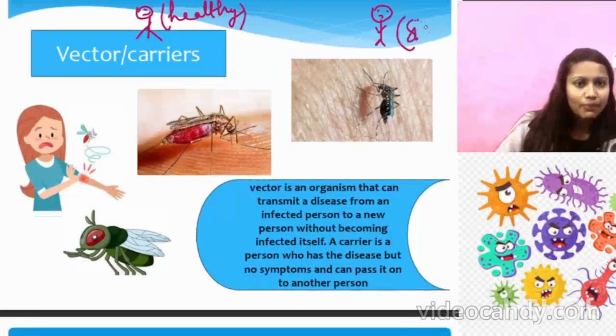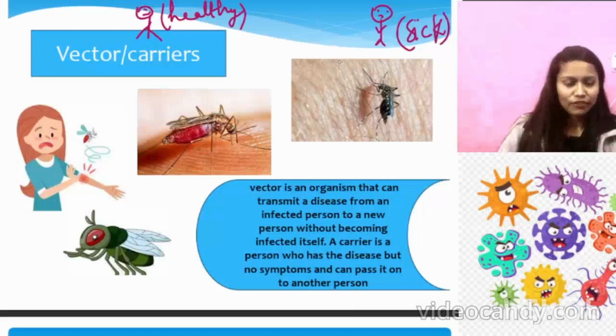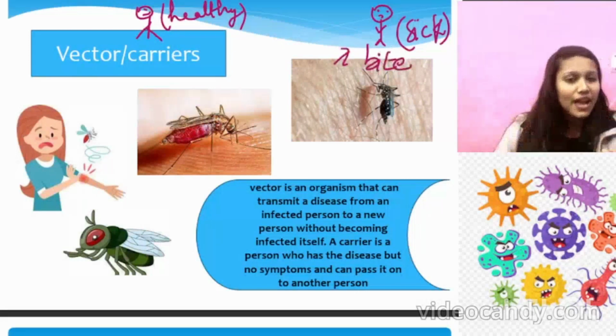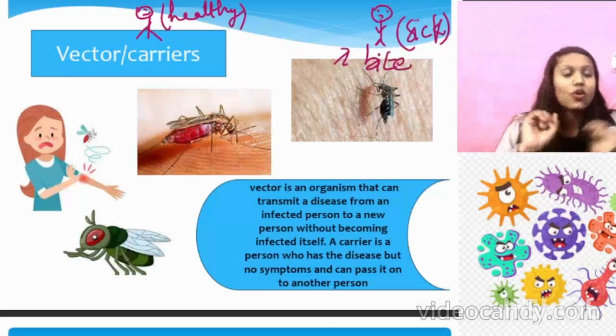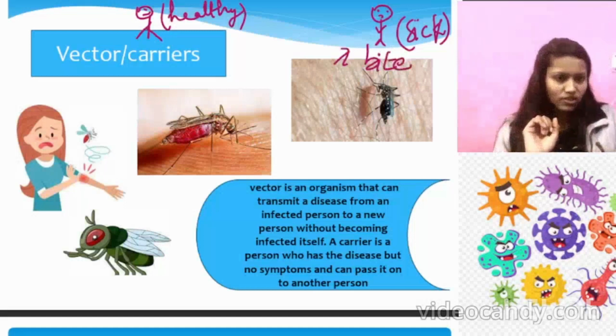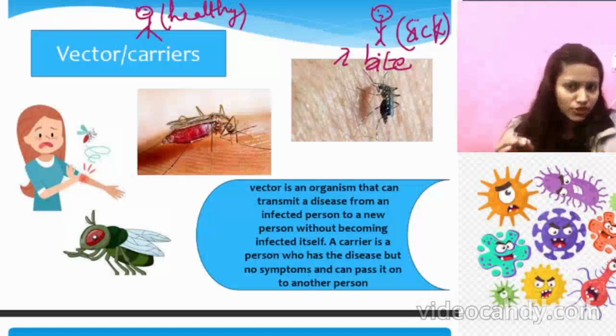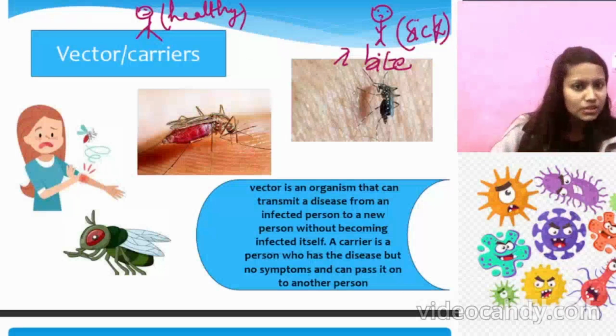Now, what will happen? Suppose a mosquito, whether it is a female Anopheles mosquito or an Aedes mosquito, comes buzzing here and bites this person. The microorganism that causes the disease, we call it a pathogen. So the pathogen will get transferred into this mosquito.